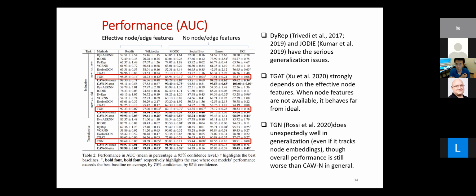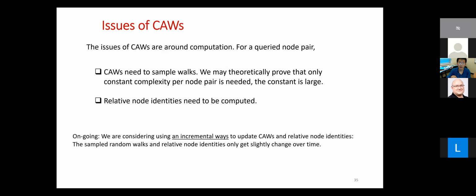Although the TGN model also tracks node representations, it still has relatively reasonable inductive performance, which is kind of out of our expectation. Maybe in the future we can look into that a little bit. But even with this good generalization property, in most cases our CAW still outperforms the TGN model. So that's the result.